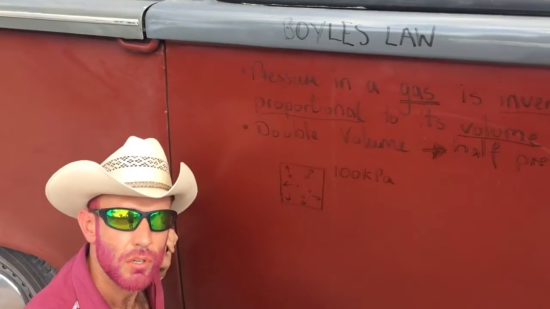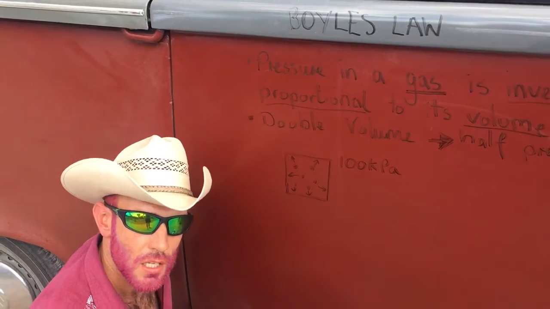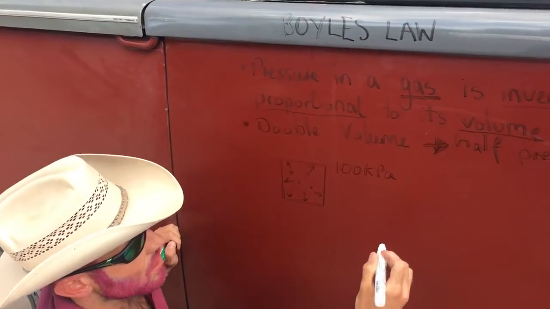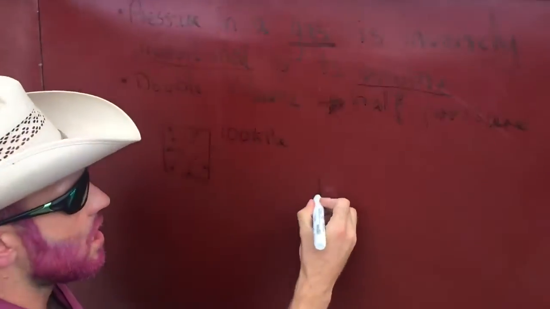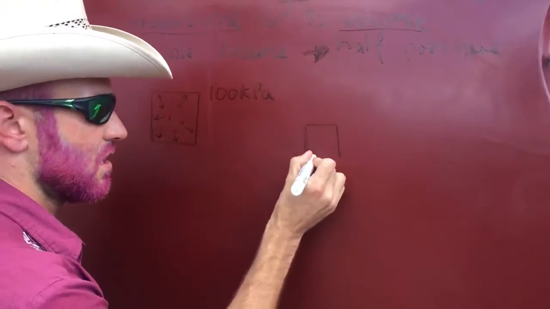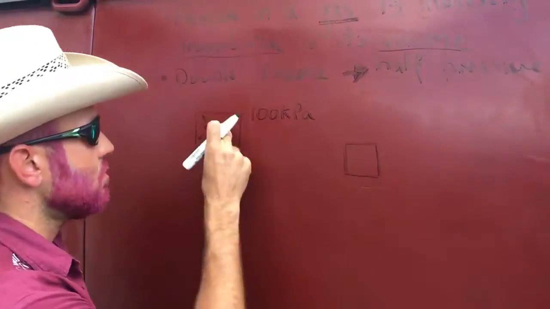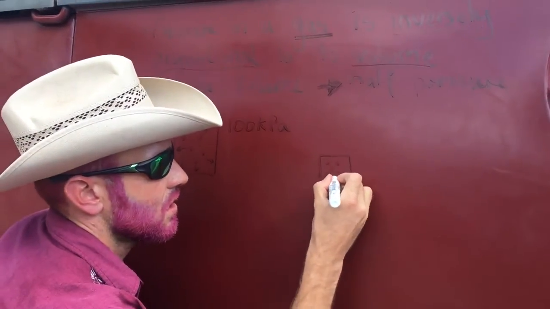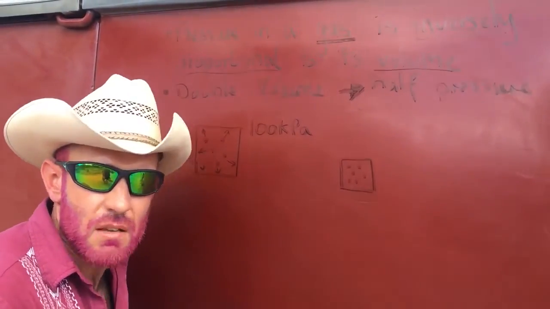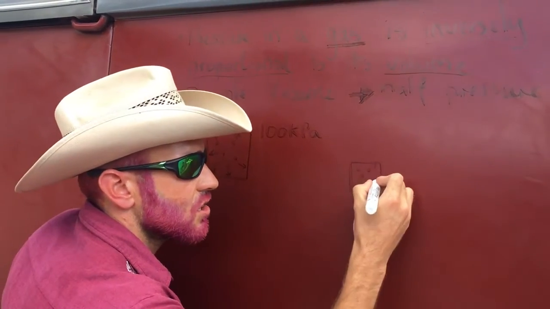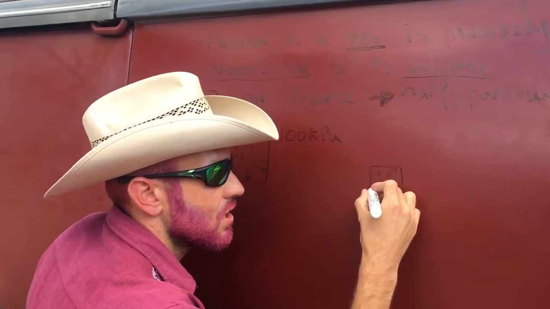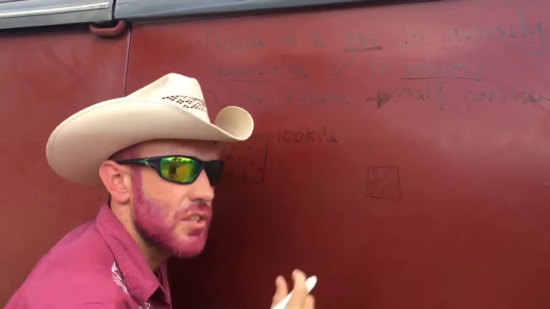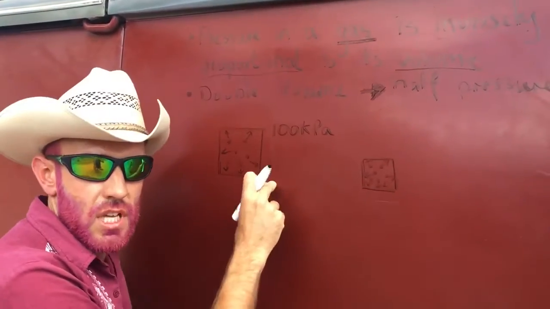Now I'm going to make the box smaller and let's see what happens to the pressure. So if we actually halve the size of that box, we've still got 1, 2, 3, 4, 5, 6 particles in there, the same amount of gas. But now, because it's such a small space, these particles are hitting the sides a lot more than here.